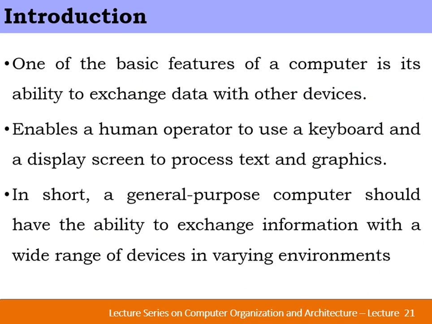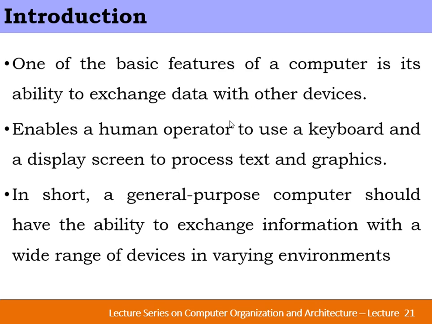First we'll discuss the introduction and then we'll move to accessing of I/O devices. One of the main basic features of a computer is to exchange information, that is, its ability to exchange data with other devices, so that one device can communicate with the other devices.